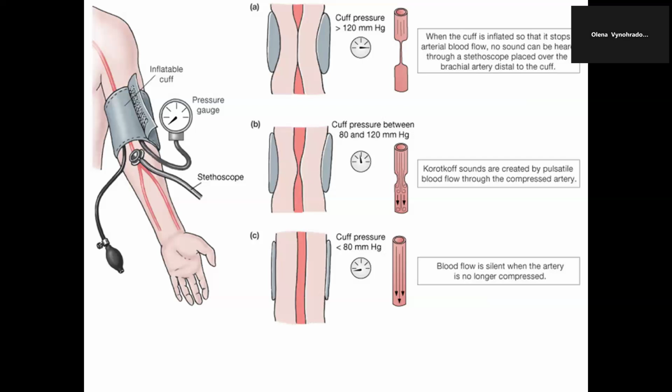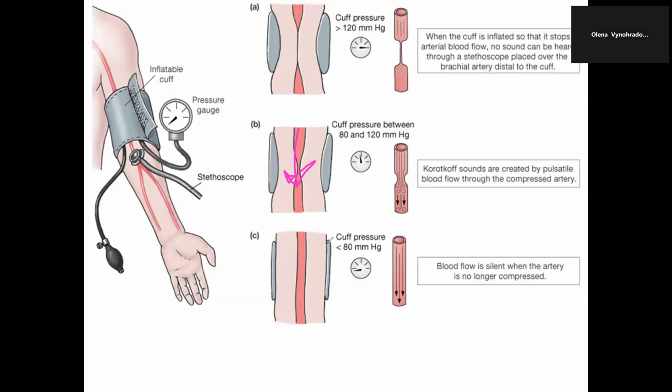When we measure blood pressure in the normal way, what happens? We use a special cuff. In the cuff, we create pressure higher than in the vessels, and blood flow stops. When we begin to decrease this pressure in the cuff, first we hear the renewing of blood flow when we have heart systole.